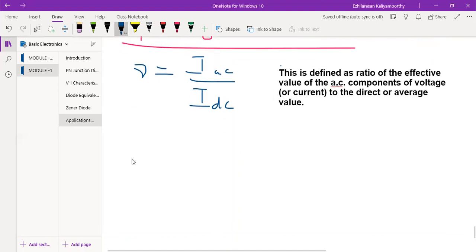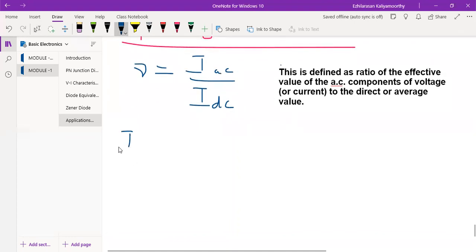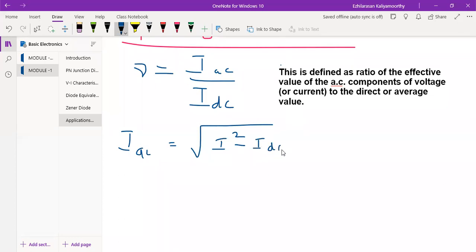Here IAC is the root of I square minus IDC square. This is nothing but IAC. Then this is IDC.